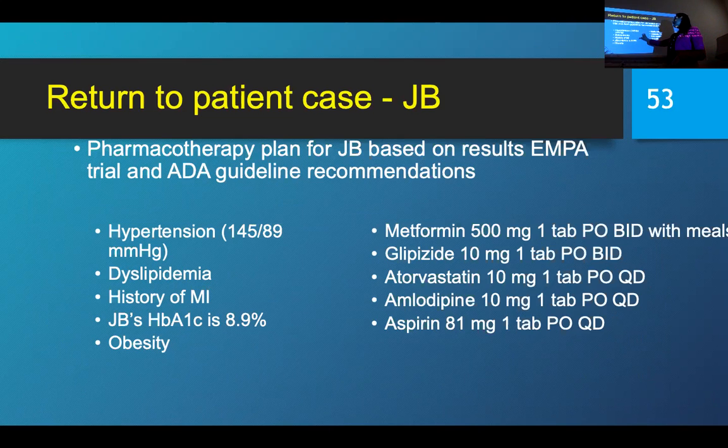So I would say this patient is matching the population in the EMPA study to a good extent. She was using metformin 500 milligrams twice daily, glipizide 10 milligrams twice daily, and she was also using atorvastatin, amlodipine, and aspirin.